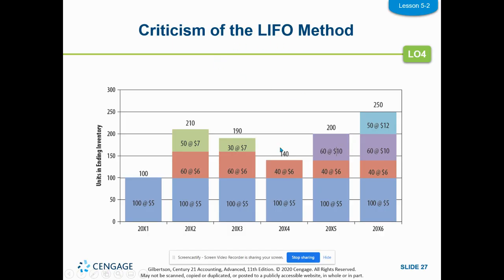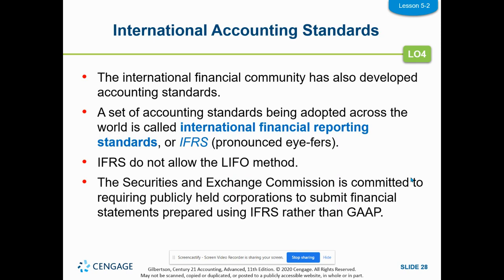LIFO, last in, first out, really kind of moves around a lot. And this is why here in the United States, we want to reduce the amount of taxable income we have. So people in the US like that LIFO method. Unfortunately, internationally, it's a no-go.